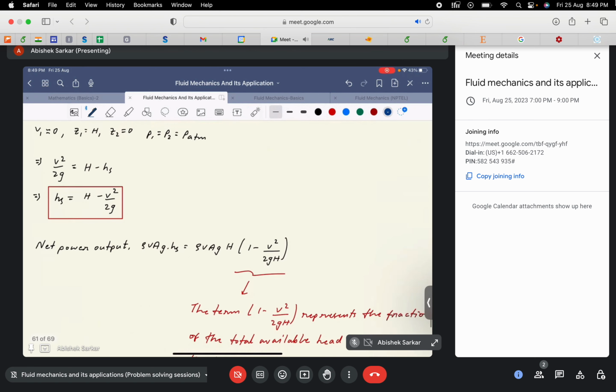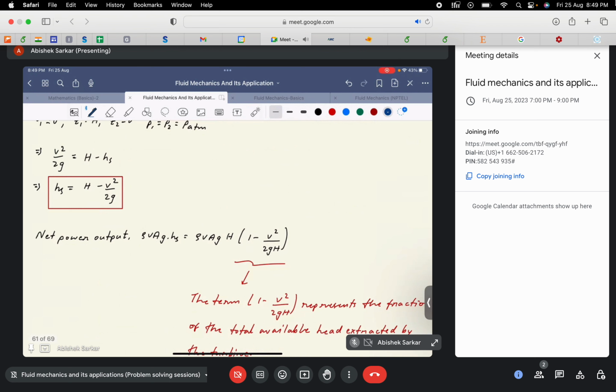Okay, so the net power output will be given by, since we know that W dot S is equal to m dot... W dot S again, so... and again we told that HS is the shaft work per unit, it is represented in terms of the unit of length, so it was divided by g, okay.